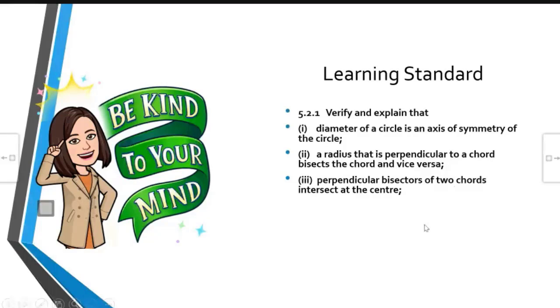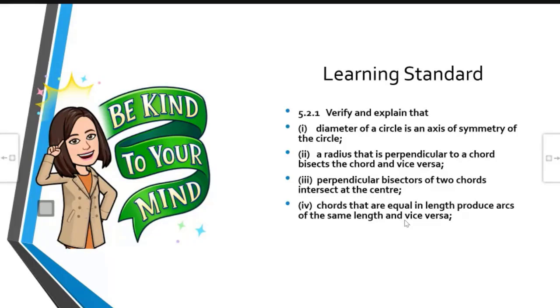Okay, this part is quite boring, but this is a fact, okay, that you need to remember in order for you to answer all the questions in future. Okay, this is a basic that you need to know. Okay, if you don't know or cannot remember all these properties, then later you cannot solve the problems in a given diagram.